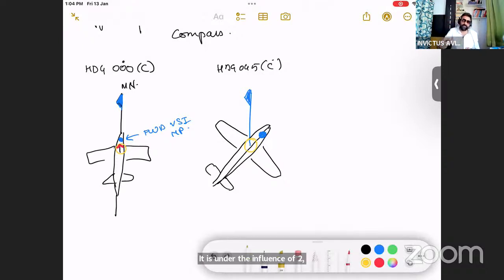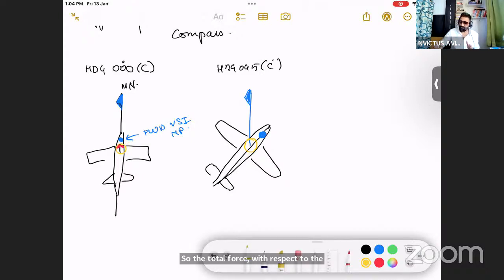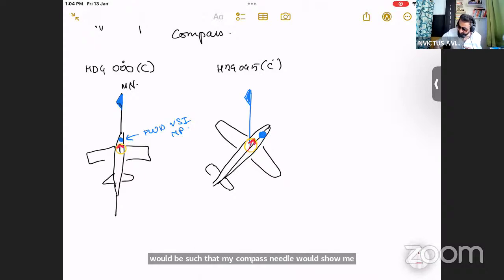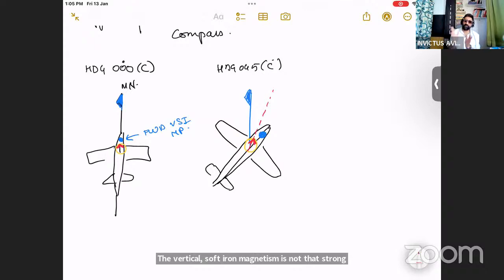One is the vertical soft iron magnetic north pole, and the other is the Earth's magnetic north pole. So the total force with respect to the directivity here would be such that my compass needle would show me somewhere here, like this. The vertical soft iron magnetism is not that strong that it will deflect it completely, but it will influence it a little bit. And this becomes my compass heading like this.